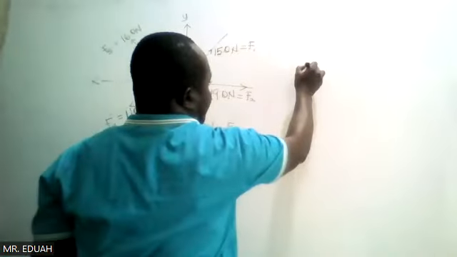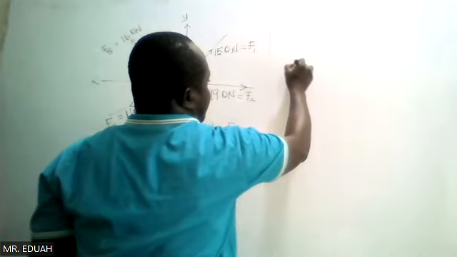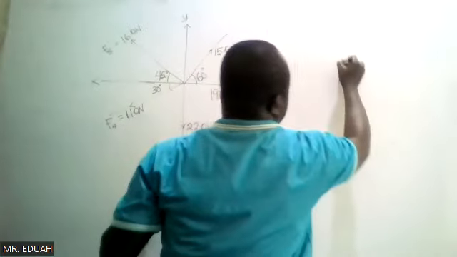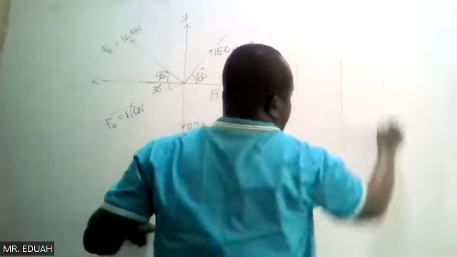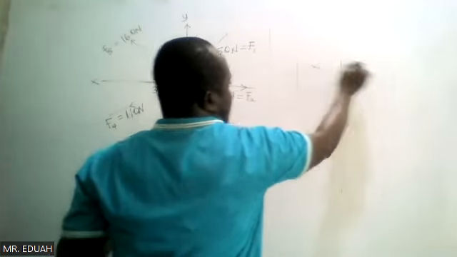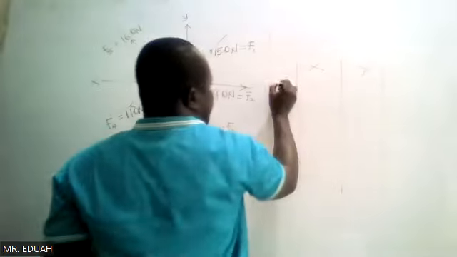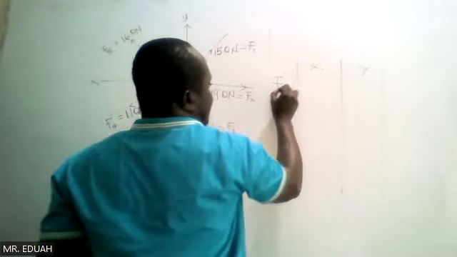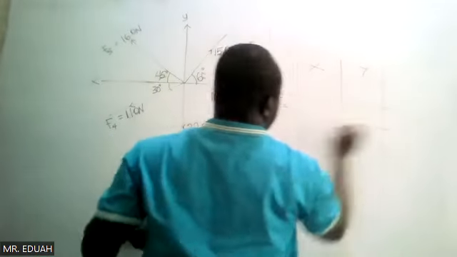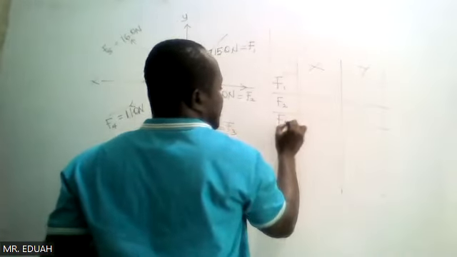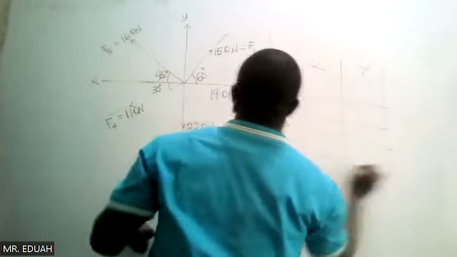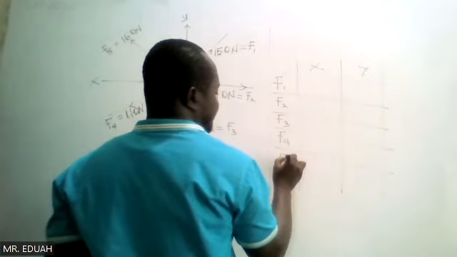So a table of the forces: this is summation, this is X component, this is Y component. F1, F2, F3, F4, and then F5.